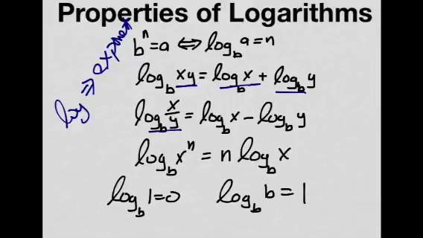When we divide two things, we subtract the exponents. When we take a number to a power, we multiply the exponent times that power. It's using those same ideas of the properties of exponents, because the logarithm is the exponent. So we're just going to work through a few examples of condensing and a few examples of expanding.